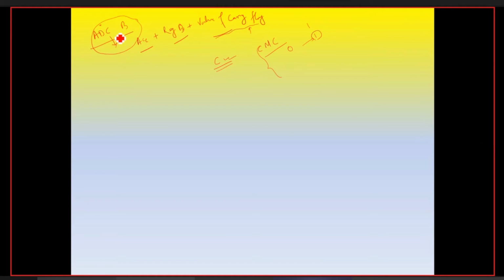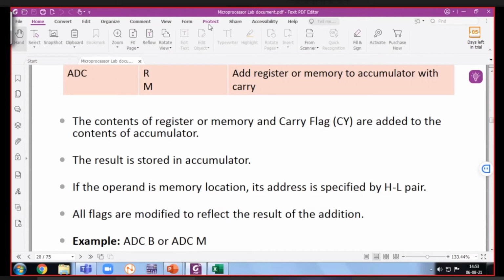But the function of this ADC B is accumulator plus register B plus value of carry flag. This part you have to remember. And just like add, we can perform ADC M. If we are performing ADC M, it means content of accumulator plus value of M plus value of carry flag. Here also all flags are modified to reflect the result of the addition.